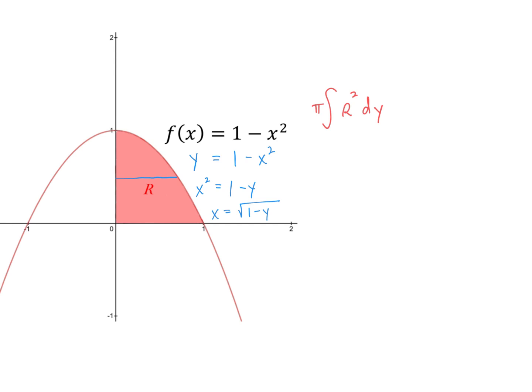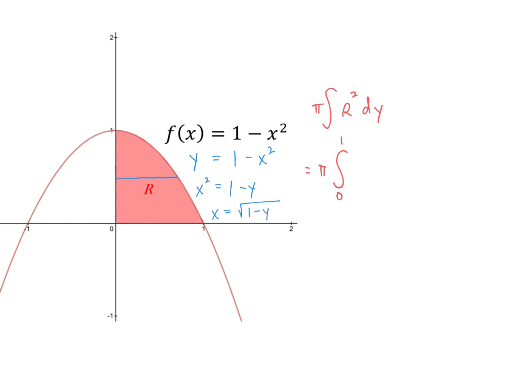Okay, and then here, since it goes from the axis of rotation, or from the y-axis to the function, that's just the radius here. That's like big R here. So really this is big R, and we just substitute it. And so that'll be pi integral, and then we look on the y-axis, this shaded region goes from 0 to 1.